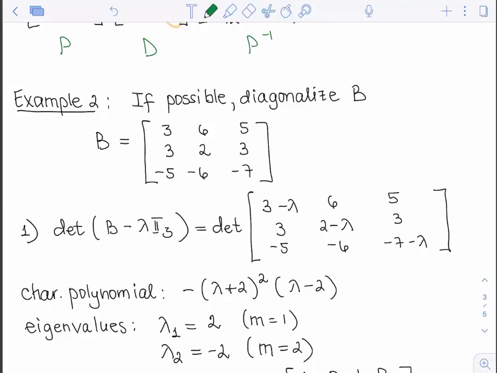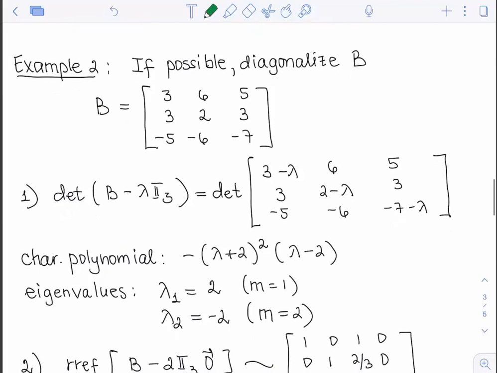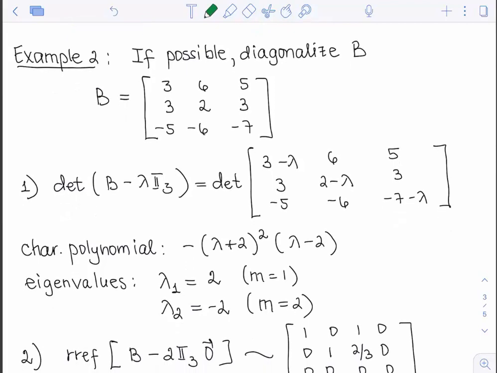So I set up my matrix, I compute the characteristic polynomial, and I get the following: negative lambda plus 2 squared times lambda minus 2. So once again, I have two eigenvalues. Lambda 1 is equal to 2. That one has multiplicity of 1, okay, we only have one factor of lambda minus 2. The second eigenvalue has multiplicity of 2.